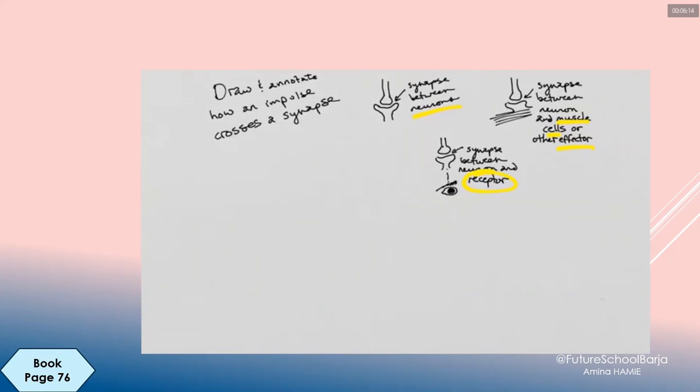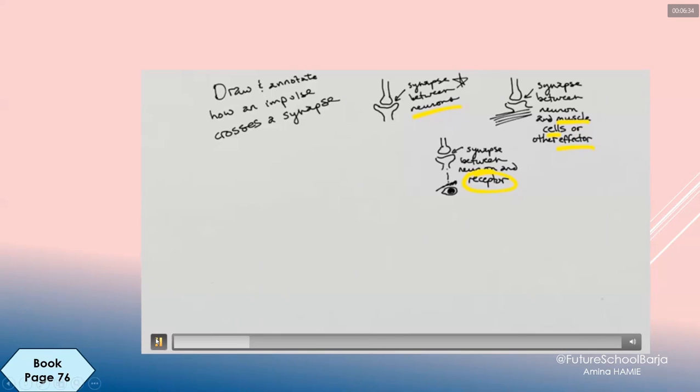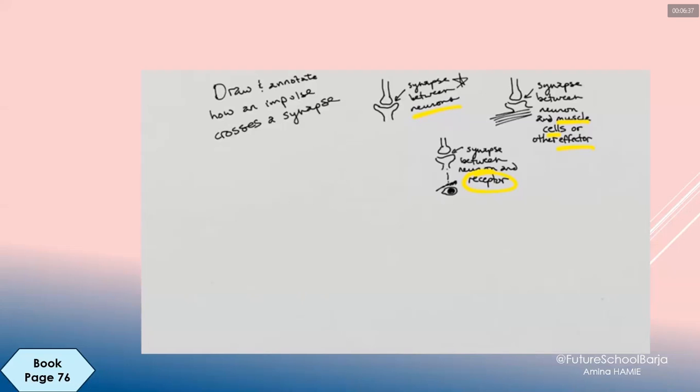So think about how if you smell some nice freshly baked cookies or a pie or a pizza or something like that, you might start to salivate. Those salivary glands are an effector because they are responding to the stimulus. Okay, you just need to be able to draw, though, a synapse between two different neurons. All right, I would pause the video right now and make a note that synapses can be between these three different places, but we are just going to draw it in between these neurons.